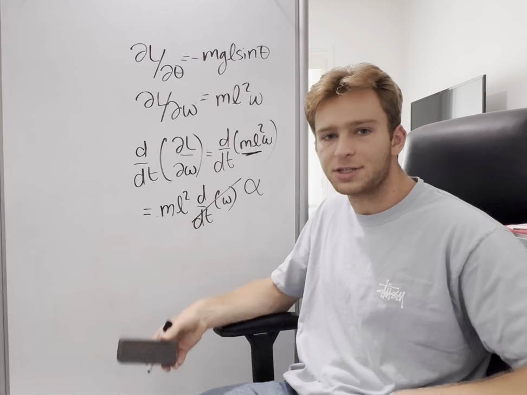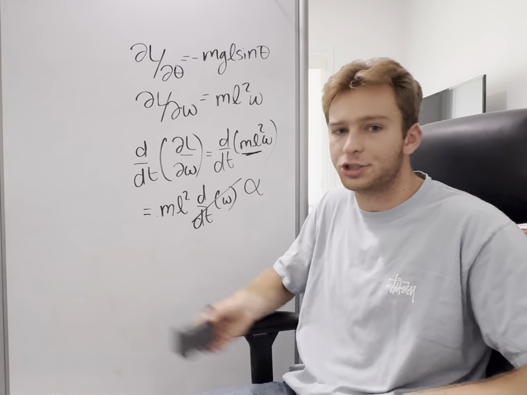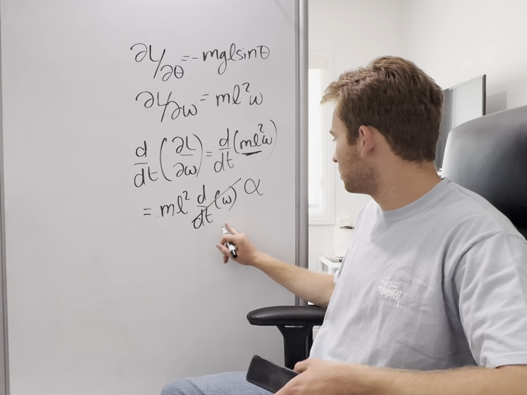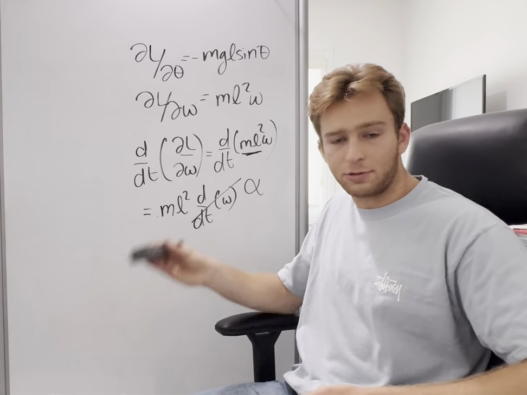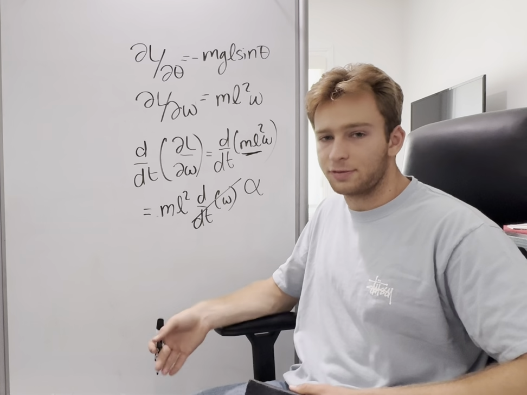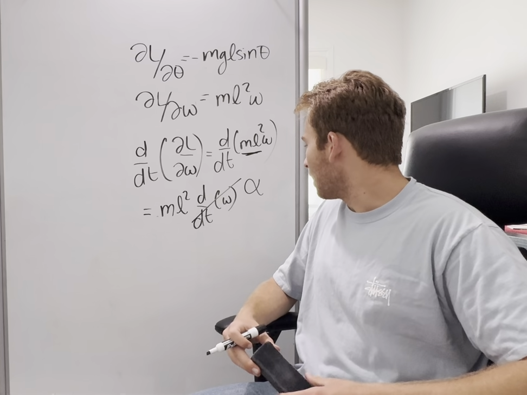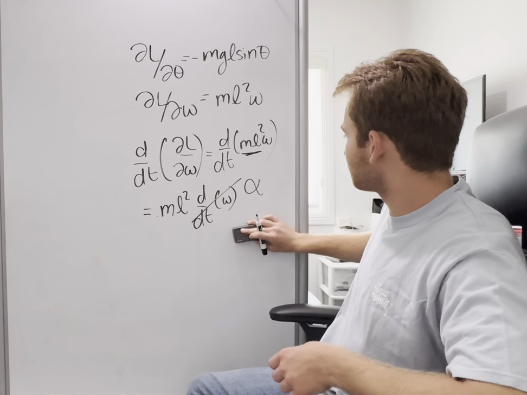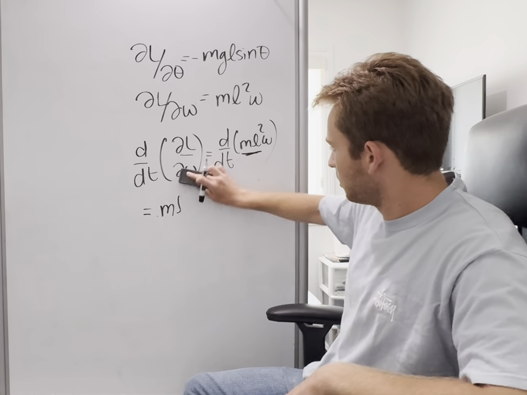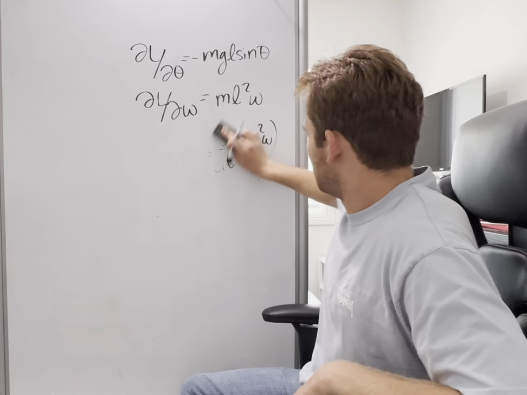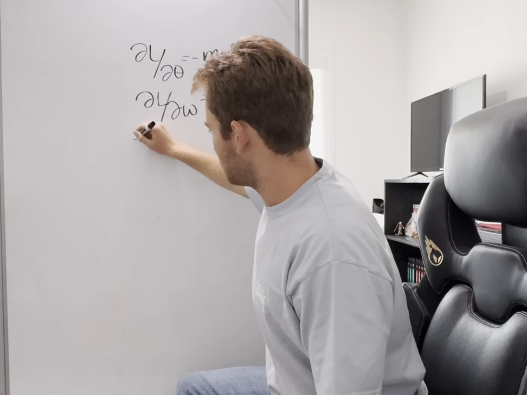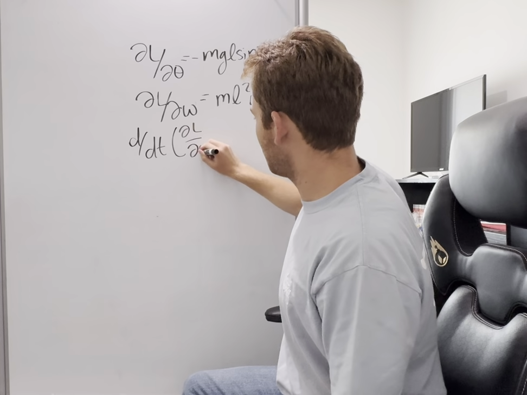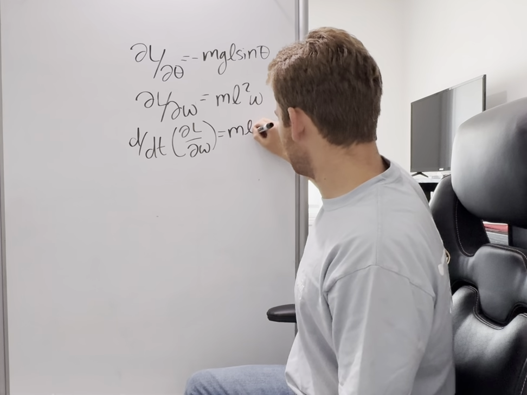But basically, it's the rate at which the angular speed changes with respect to time, aka the derivative of the angular velocity with respect to time. And it's the second derivative of the angle with respect to time. And so I'll rewrite this up here. We have d by dt of dL by d omega equals mL squared alpha.